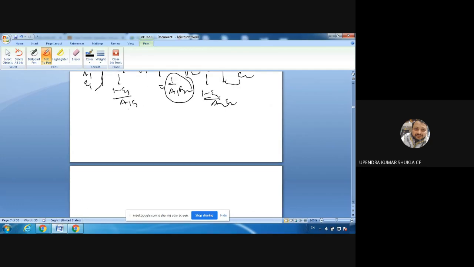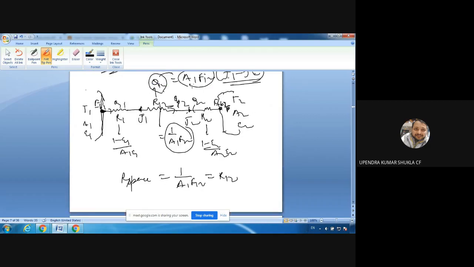So what we got from here is that R space is equal to 1 upon A1 F12, and this is represented by R12 because it is the line between surface 1 and surface 2. Just understand that you will find all the resistances here.